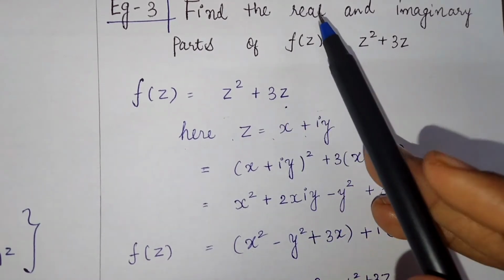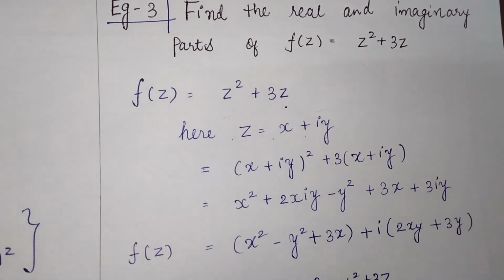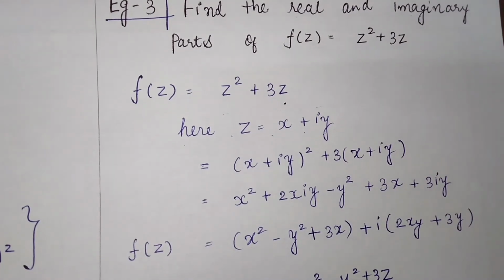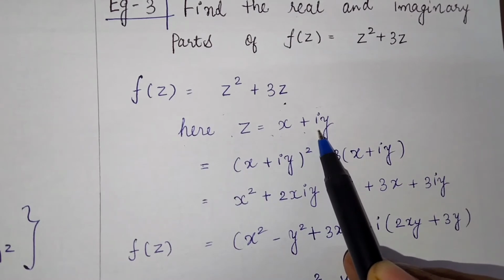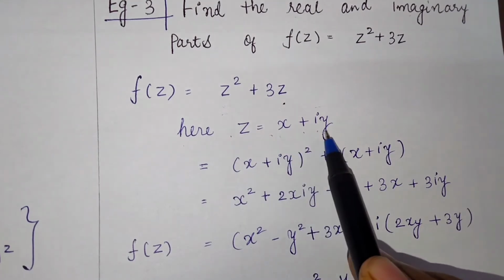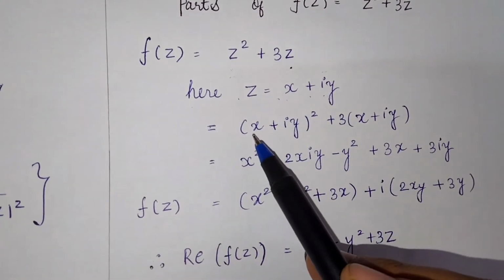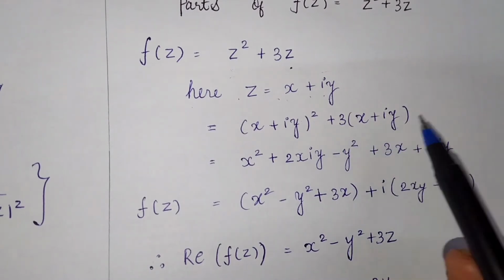Whenever we have to find the real and imaginary parts, we have to put x plus iy in place of z, only then will we get the real and imaginary parts. So in place of z I will put x plus iy. So x plus iy whole square plus 3 into x plus iy.